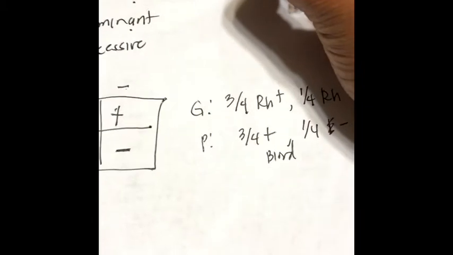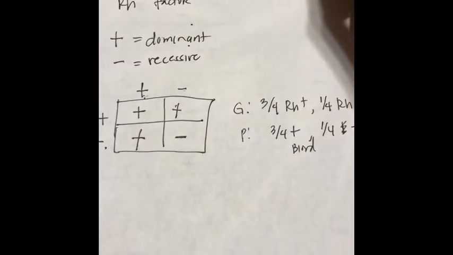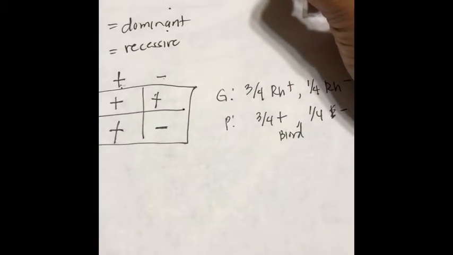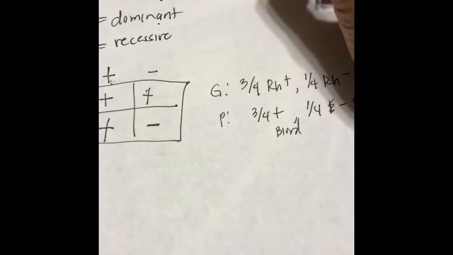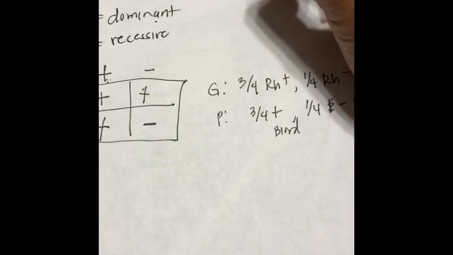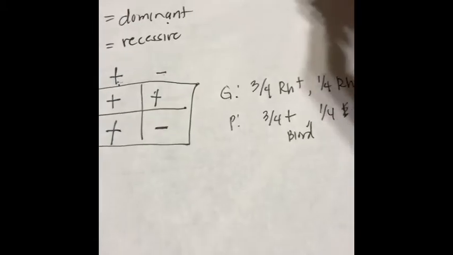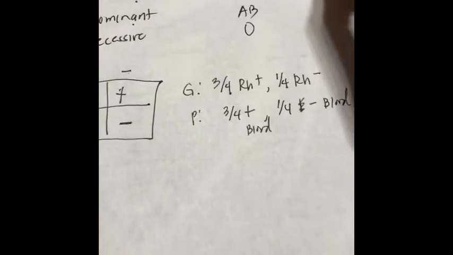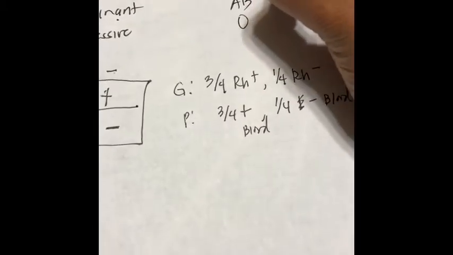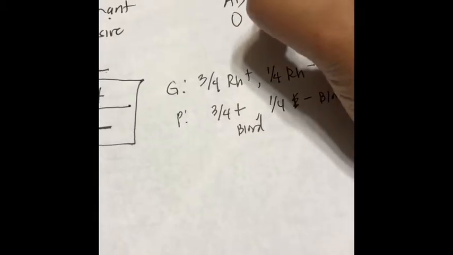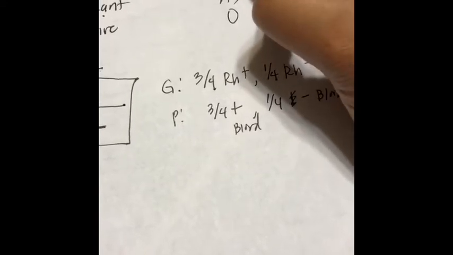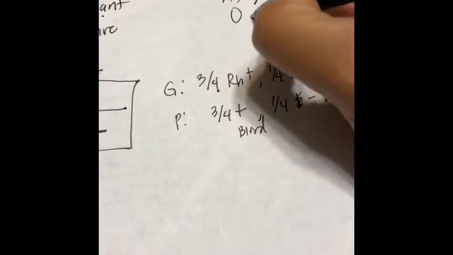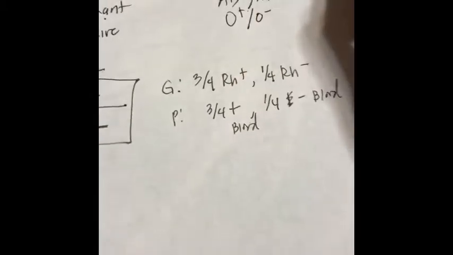Okay, so now let's apply this to what we learned the last time. Now let's put in the different blood types. So now once we put in the RH factor, we now have 8 different blood types. So we now have blood type A, B, AB, and O, but in reality, there are now A positive, A negative, B positive, B negative, AB positive, AB negative, O positive, and O negative.